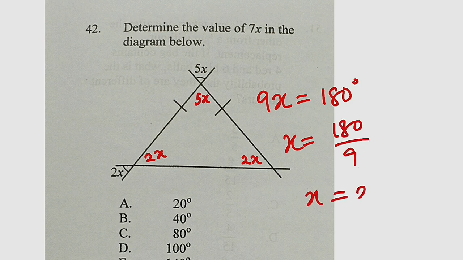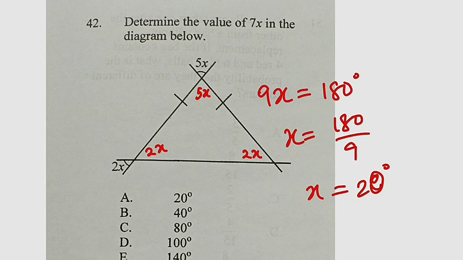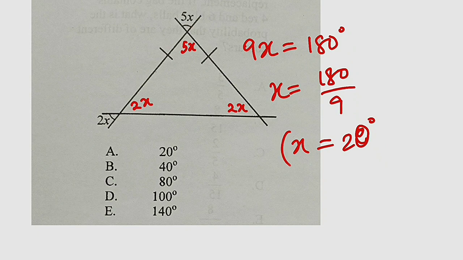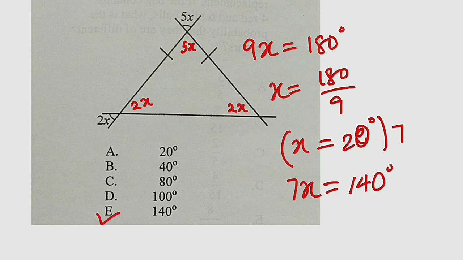And x is equal to what? 20 degrees. So x represents 20 degrees, but we are looking for 7x. Therefore, we can multiply both sides by 7. 7 times x is 7x equals 7 times 20 is 140 degrees. Therefore, 7x is 140, which is option E.